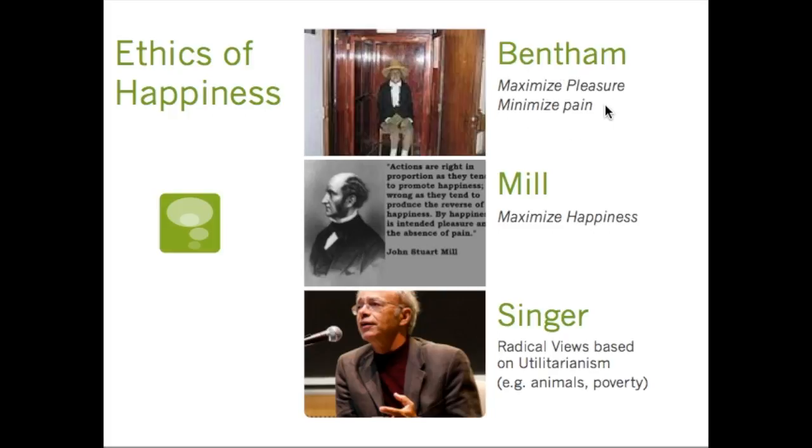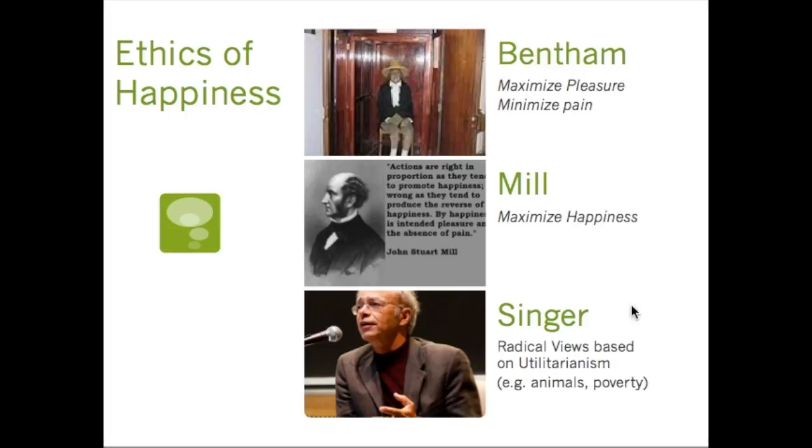That was the simple way to figure out what you needed to do. Mill, when he was his student, thought that pleasure and pain was not refined enough and talked about happiness. Happiness including some higher and lower pleasures, higher and lower pains. So he kind of refined Bentham's theory.